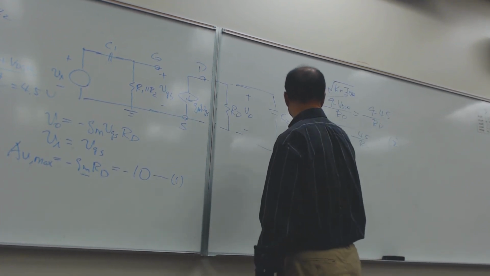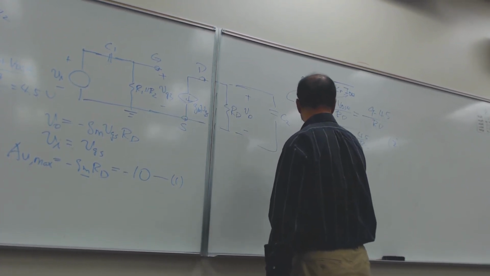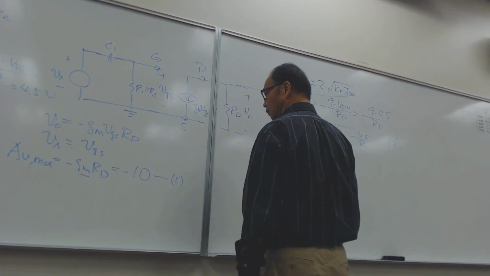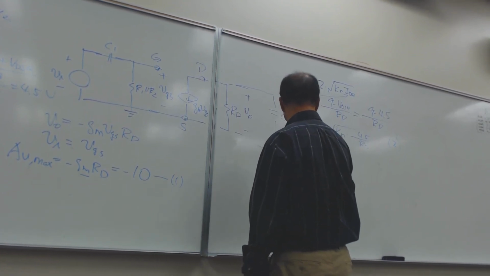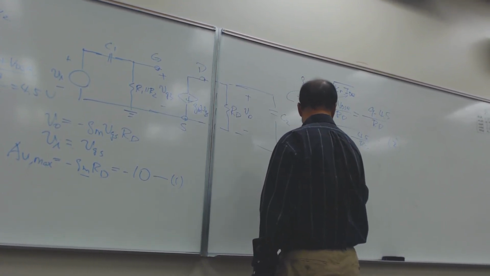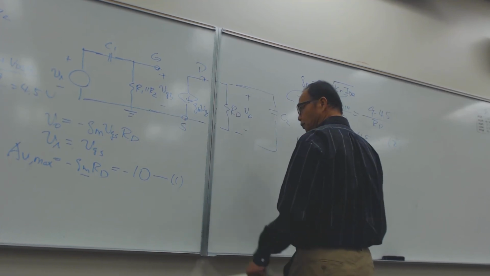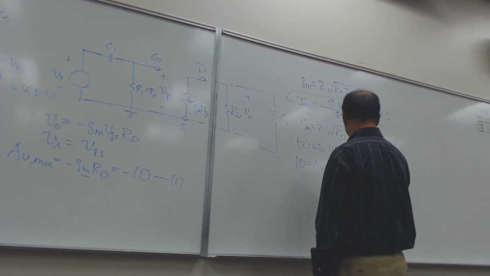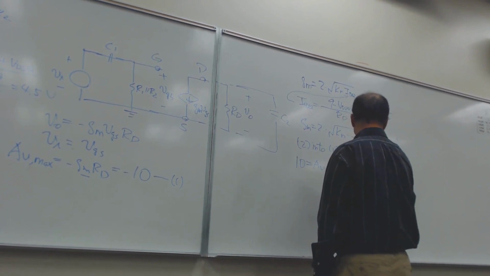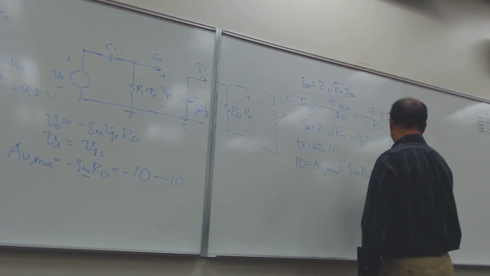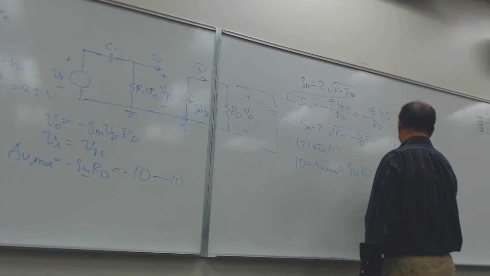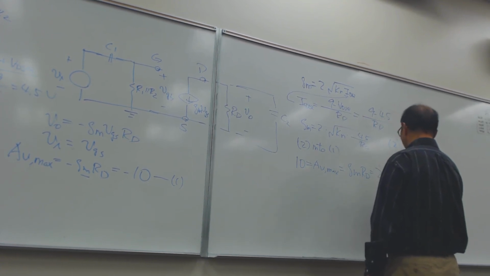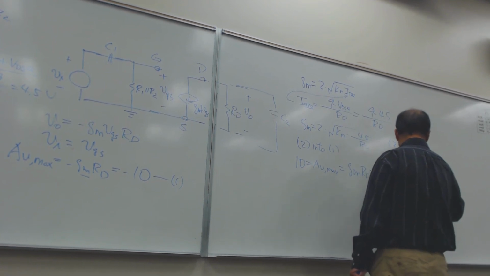So now if you put 2 into 1, you get 10, which is A sub V max, equal to gm RD. And gm is right here, 2 times the square root of Kn times 4.5 over R sub D, times R sub D.